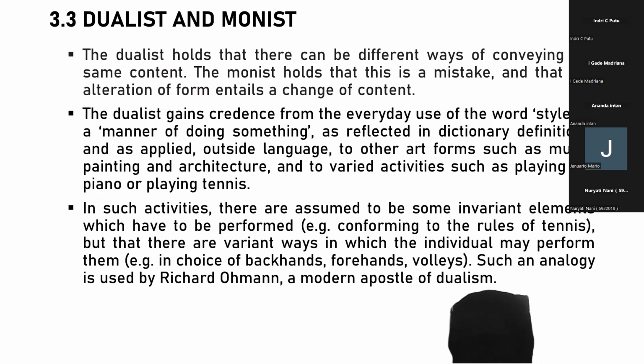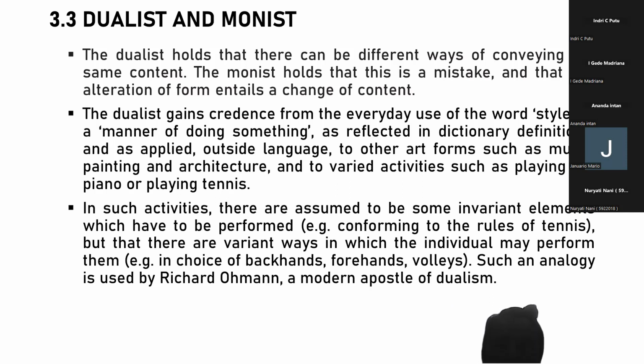So here, when we want to understand systematically or deeply what is meant by the invariant elements which have to be performed, for example, conforming to the rules of tennis, these are the invariant elements of dualists.